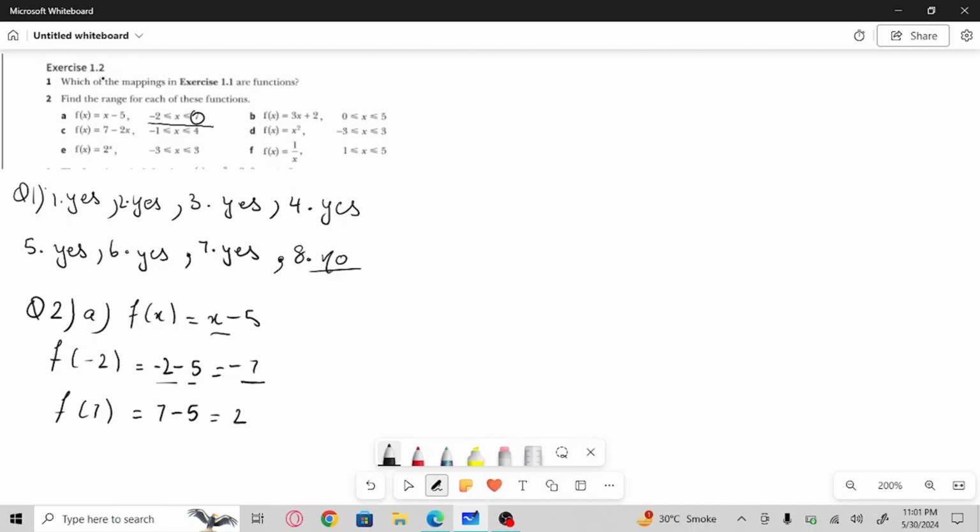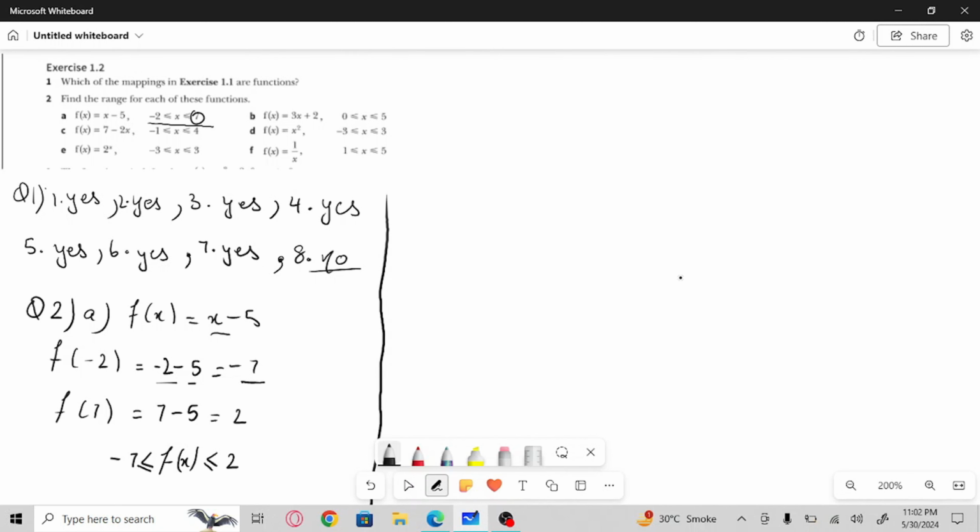We are going to write the function of x, and we are going to say that it is greater than or equal to -7, but it is smaller than or equal to 2. So this will be the image of this function. That means from -2 to 7, we are going to get the images of the values between -7 and 2.